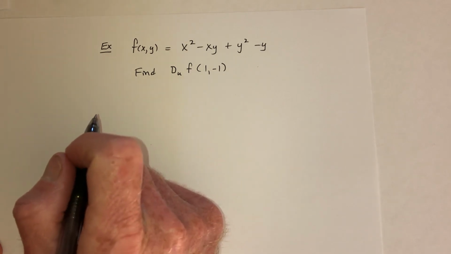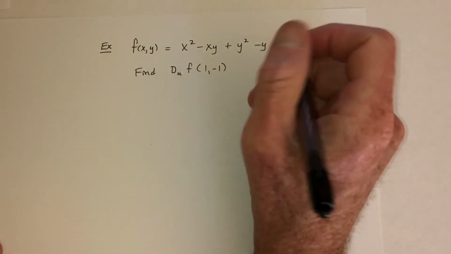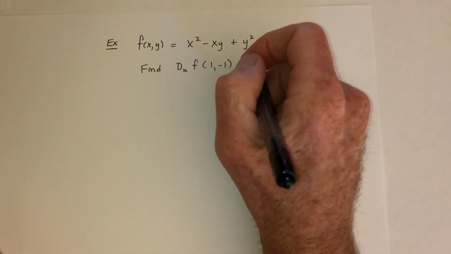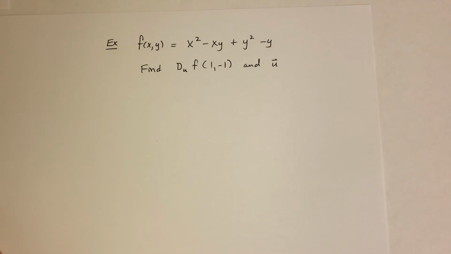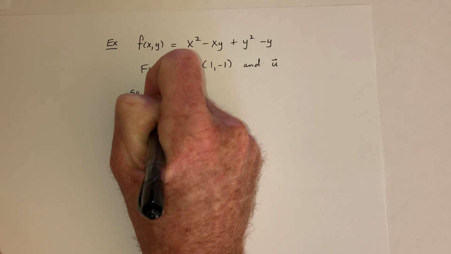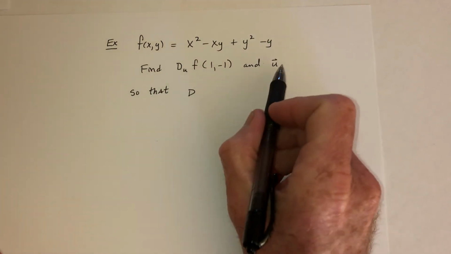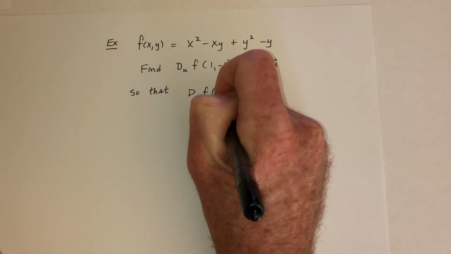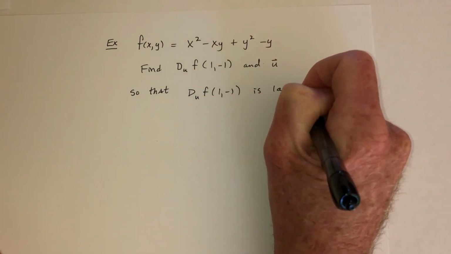All right, so we also need to know u, and that's going to be part of our job. Also find the u. So find the derivative and find the direction you should go so that the derivative is largest.